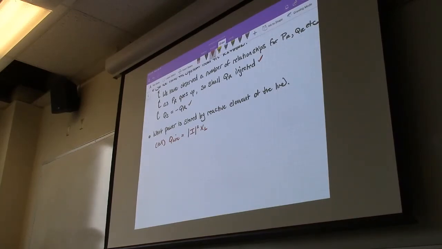And so we can use this value to apply conservation of power to our previous expression.